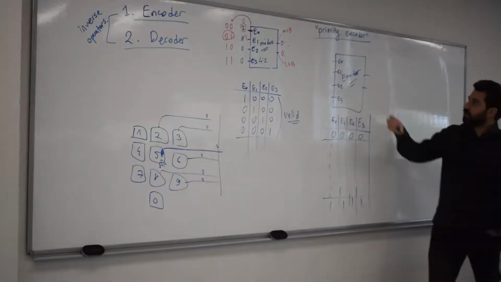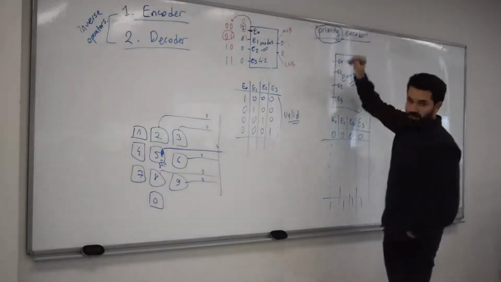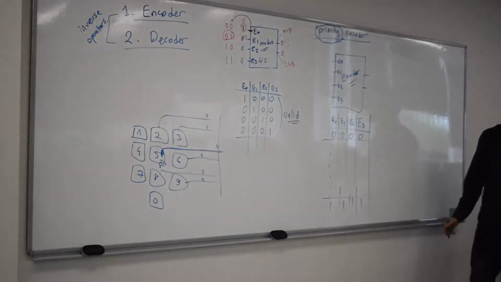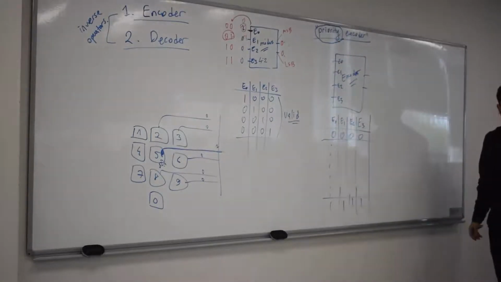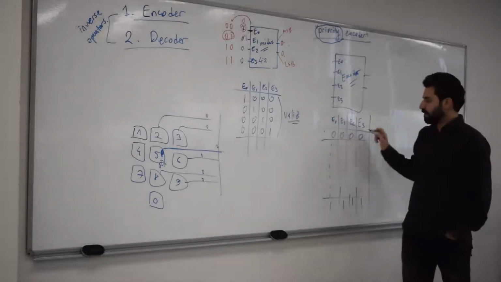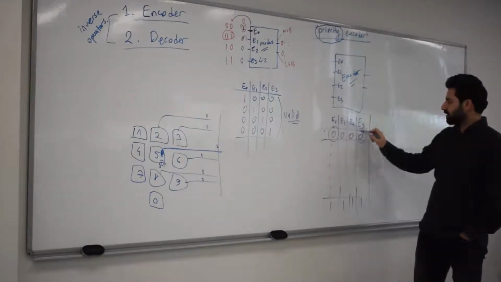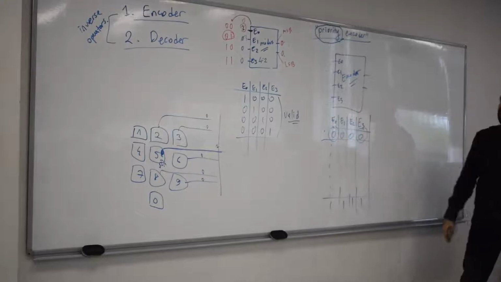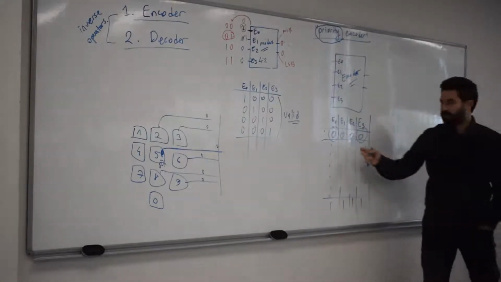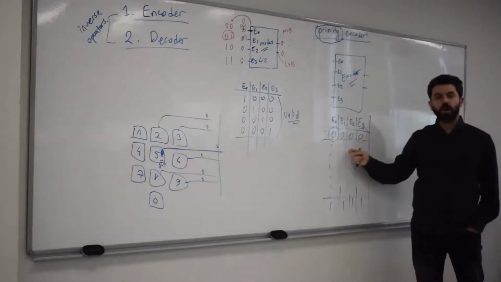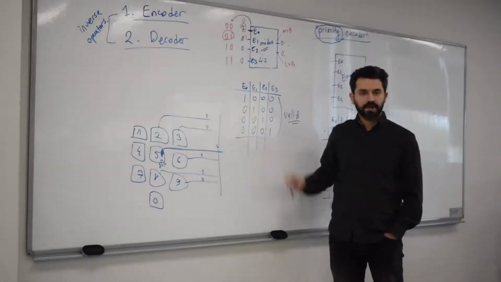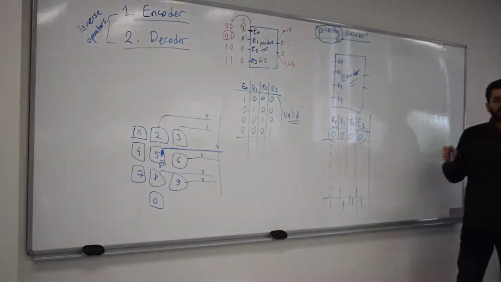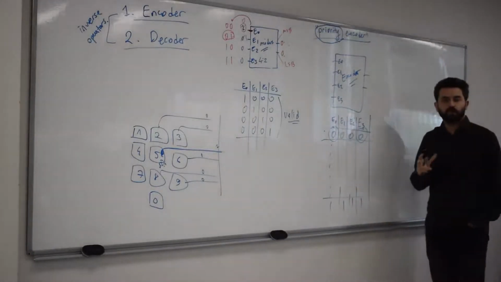So the logic here, as the name implies, is that you have to take into account only the most significant one. This tells you how the mapping is done. You look from left to right, because this is the most significant bit and this is the least significant bit in my definition. Whenever you see a 1 going from left to right, you only take into account the leftmost one as your actual one.